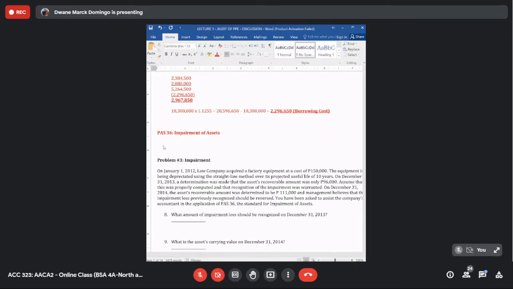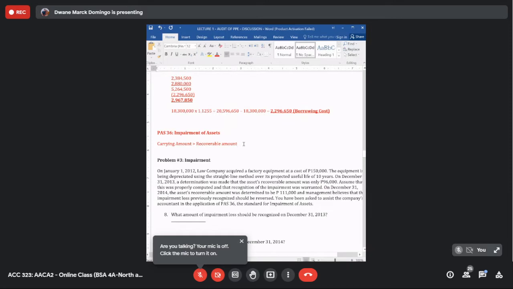Kasi nangyayari ang impairment when the carrying amount of your assets exceeds your recoverable amount. So, nangyayari yung impairment of assets kapag yung carrying amount, meaning yung book value ng asset, kung ano man yung asset niyon, exceeds the recoverable amount.